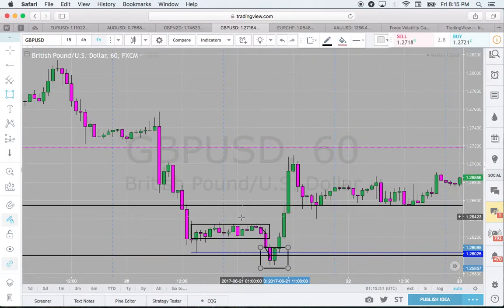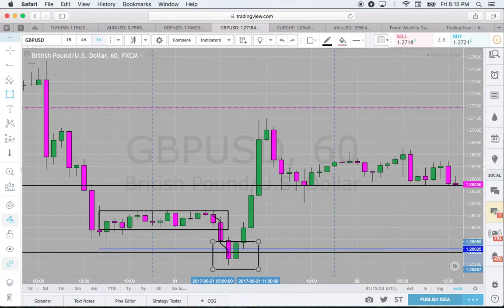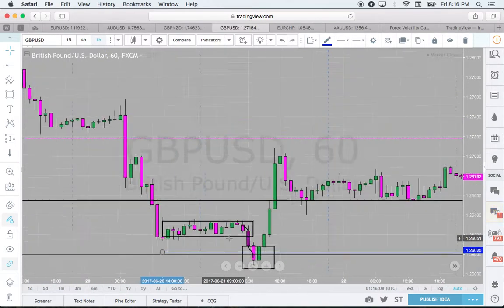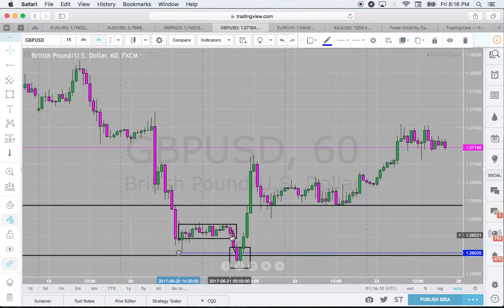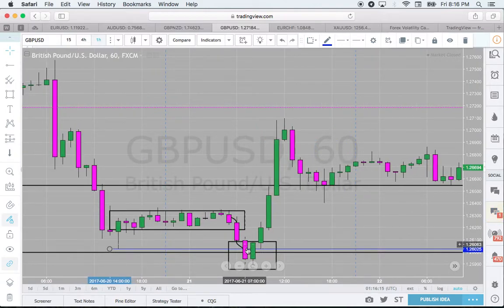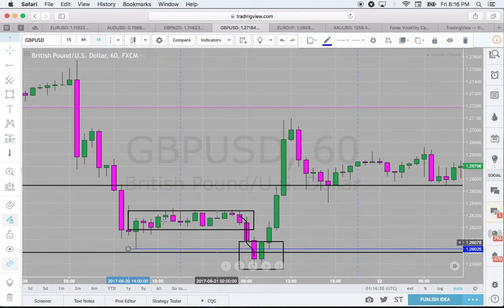You can see the low happen, this little blue line. The low happened here, right? And then you can see on a 1 hour time frame, there is that railroad track below that low, that spike to the low, triggering any sell orders of any retail traders that are trading breakouts, that have their breakout orders set below the low here.